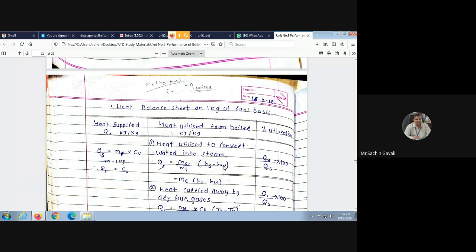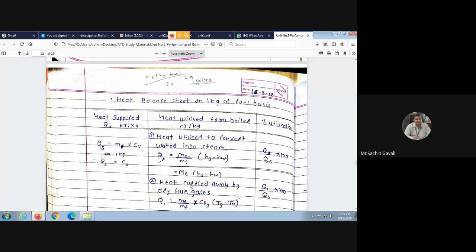Here hw is equal to hf at the given feed water temperature. The percentage utilization is q divided by Qs into 100.